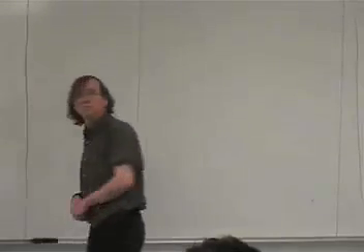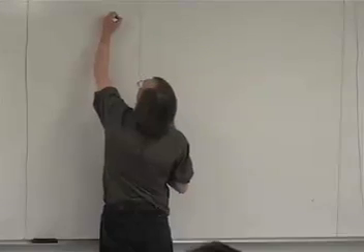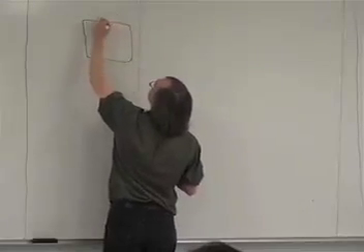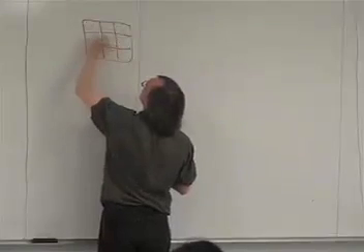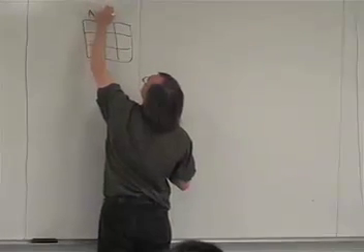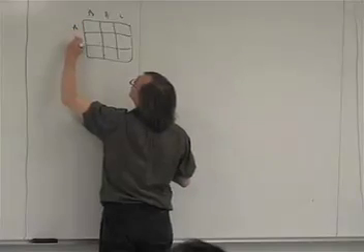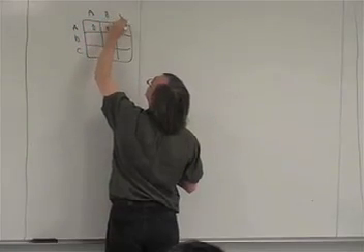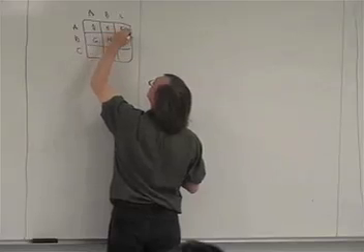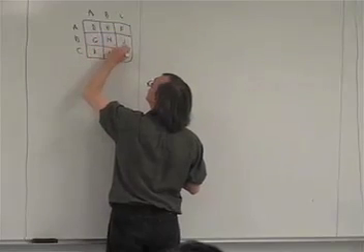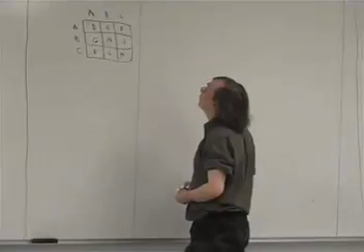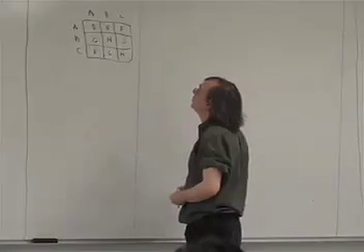Is that what you were trying to do? That's what I was going to go with. I think it might be a little bit unnecessary. All I was going to do is draw a matrix and label its entries with variables. D, E, F, G, H, J, K, and I'm going to try to calculate the condition.